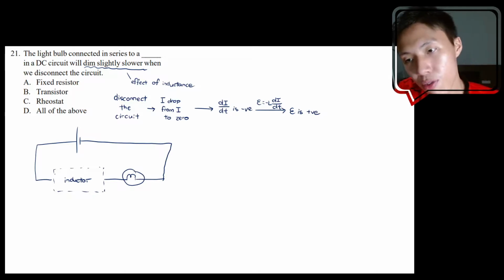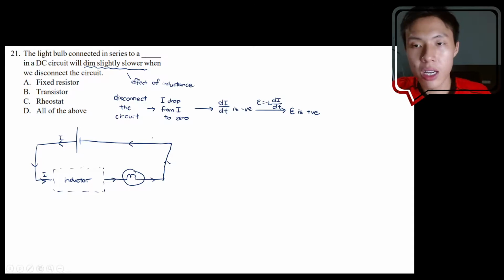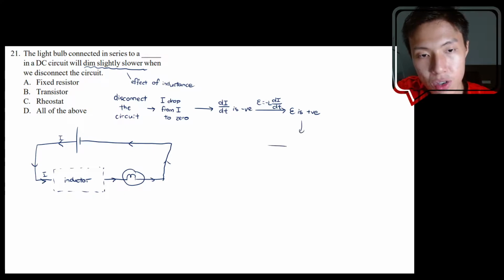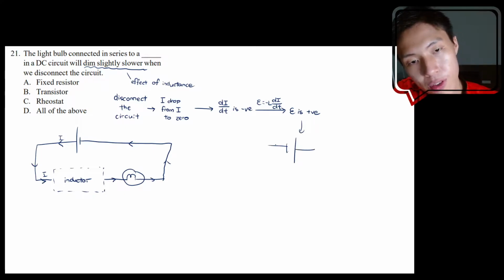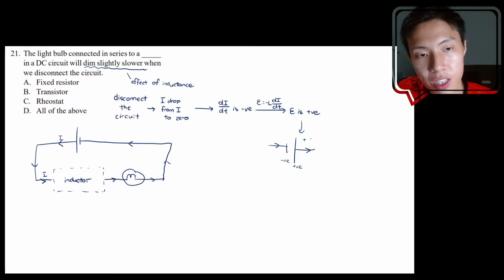Okay, if you have current flowing this way, then our epsilon is positive, which means you can think of it like a battery with current flowing this way. Remember, from negative terminal to positive terminal, this one is called a positive epsilon, right?